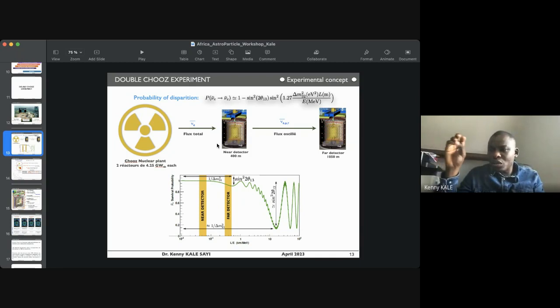So I can predict the controls, I can measure the power, I can measure many other things about the nuclear power plants. And this becomes very, very important.